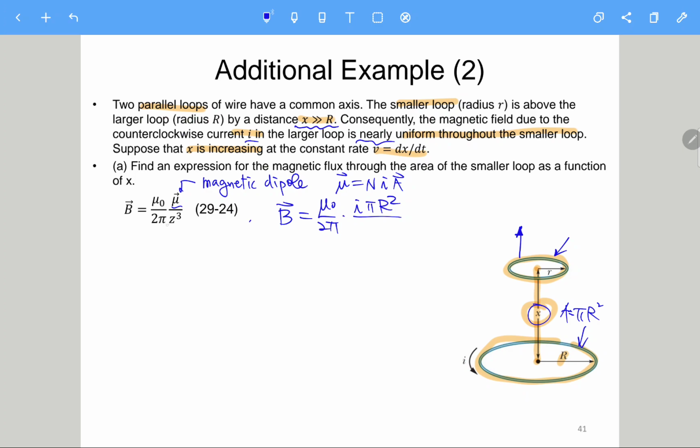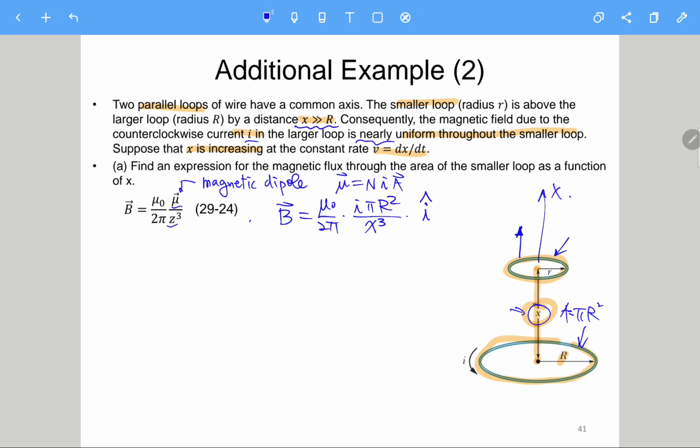And now it is not z, it is x in this question, so we have x cubed rather than z cubed in the denominator, and of course it is on the x-axis, so we have i hat.